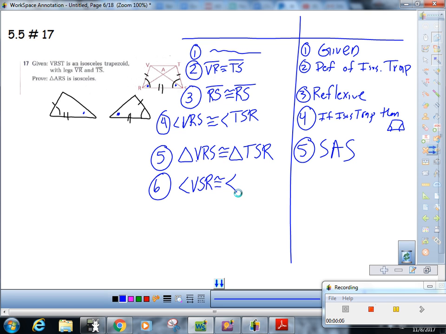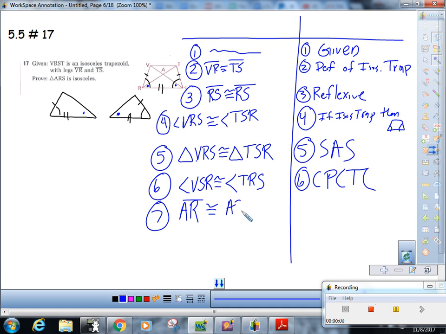It should be congruent to angle TRS, which it is. And now I'll say that AR is congruent to AS by if angles are congruent in a triangle, then sides are congruent in a triangle.